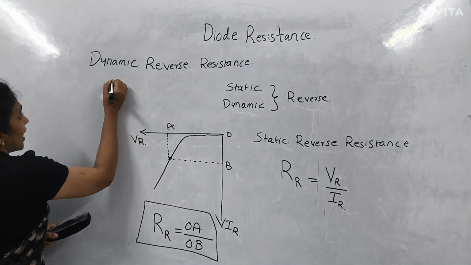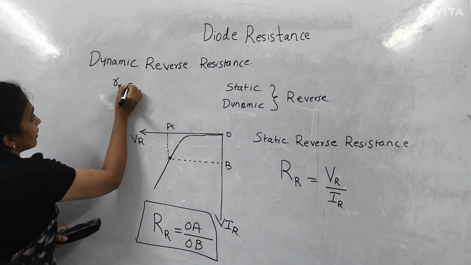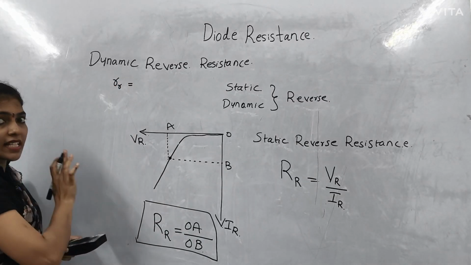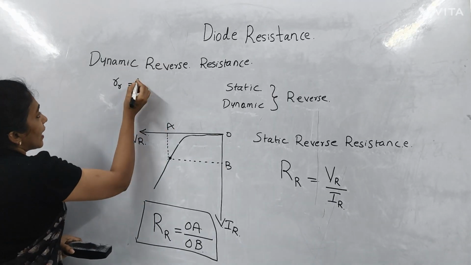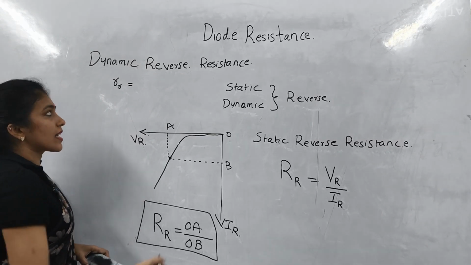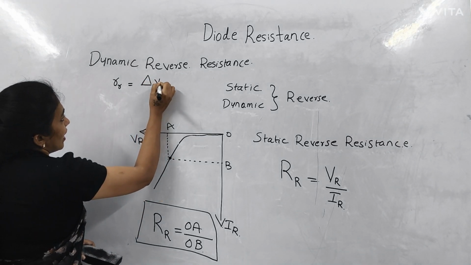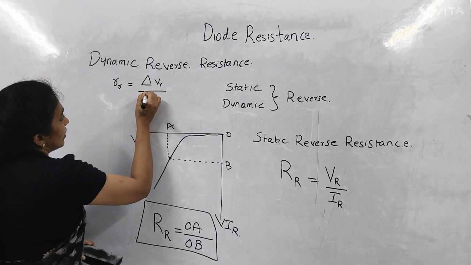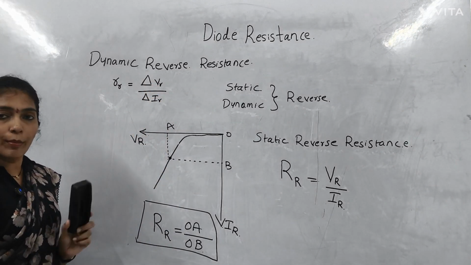So for dynamic, I am taking the formula small rr. Small r indicates dynamic, capital R indicates static. Small rr is the change in reverse voltage to the change in reverse current. So the formula is delta VR to delta IR. This is the normal formula.